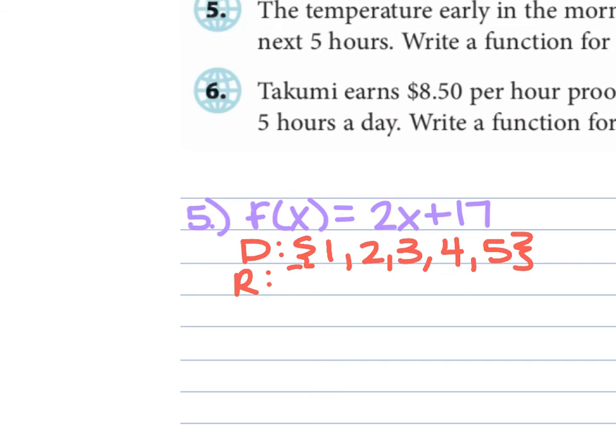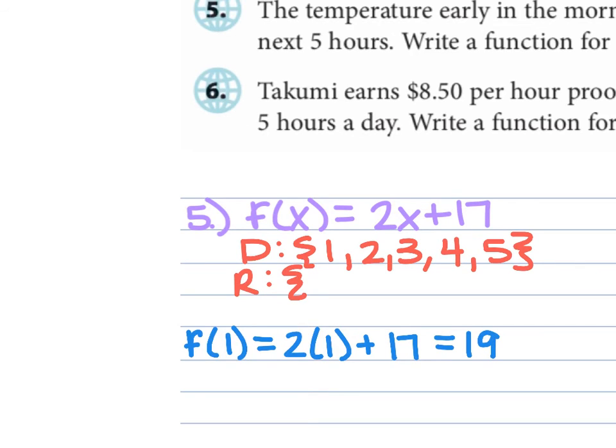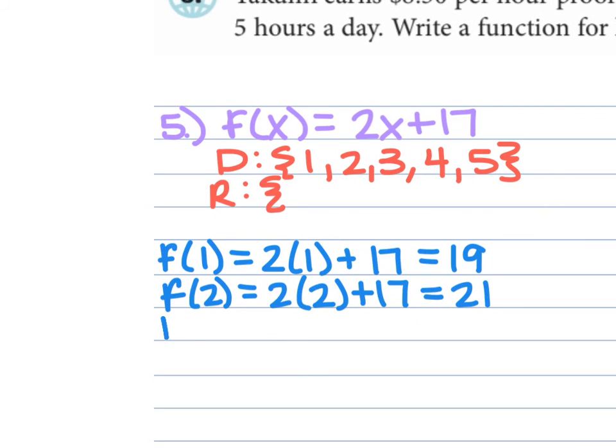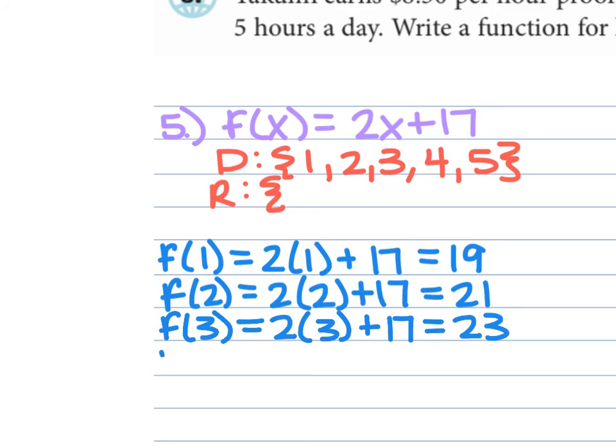Our range is what we're going to get from doing this. So we're going to have f of 1 is 2 times 1 plus 17, which is 19. f of 2 is 2 times 2 plus 17, which is 21. f of 3 is 2 times 3 plus 17, which is 23. f of 4 is 2 times 4 plus 17, which is 25.